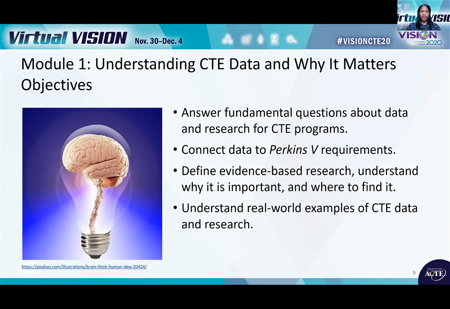The goal of this module is that by the end of it, you'll be able to answer fundamental questions about data and research for CTE programs, connect data to Perkins 5 requirements, define evidence-based research, understand why it's important and where to find it, and then understand real-world examples of CTE data and research. And that's how we get you started.